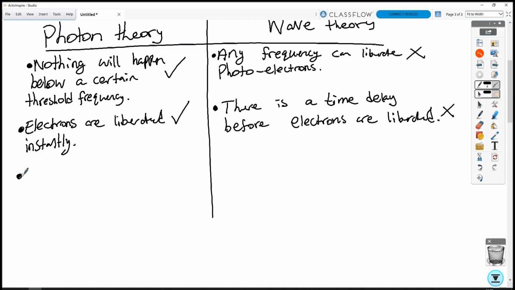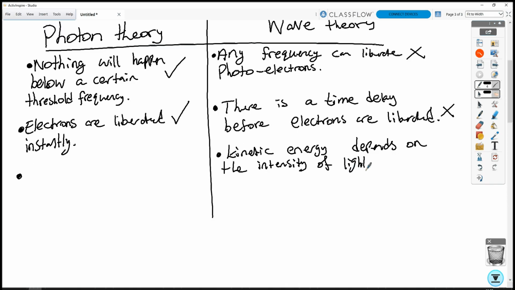So let's write this down. The kinetic energy depends on the intensity of light, and the intensity is the amplitude of the wave.